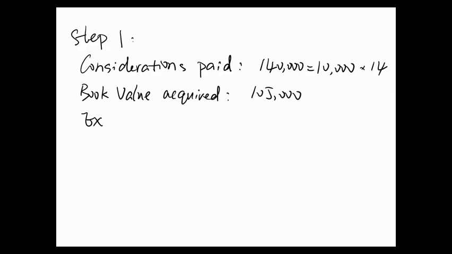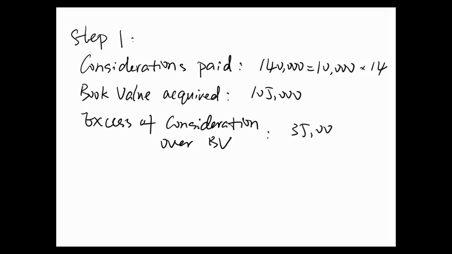Next, the excess of consideration over book value equals the difference between 140,000 and 105,000. It is 35,000.